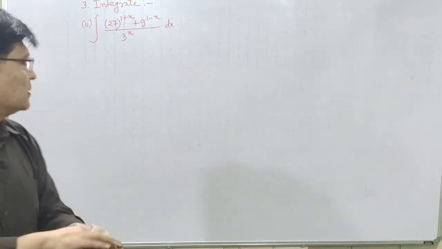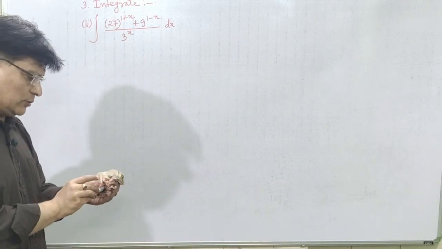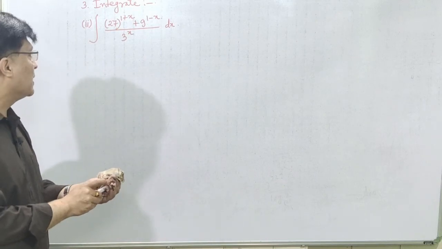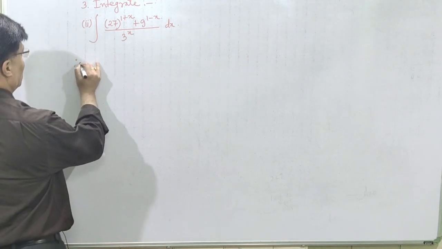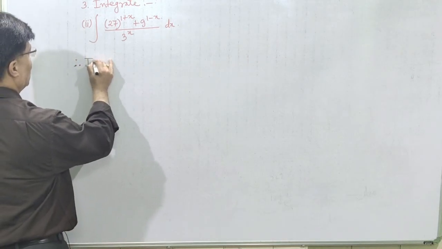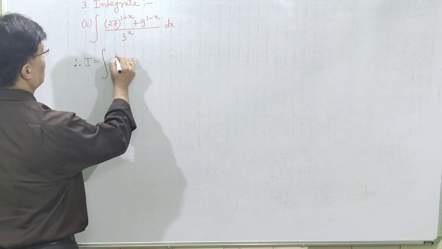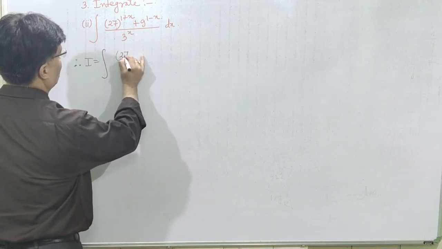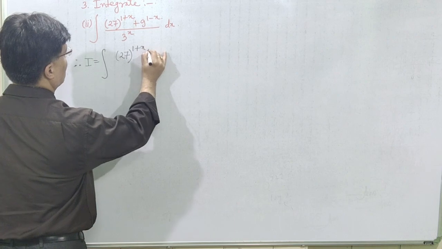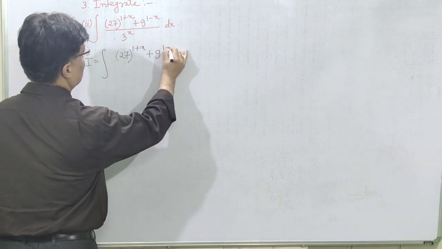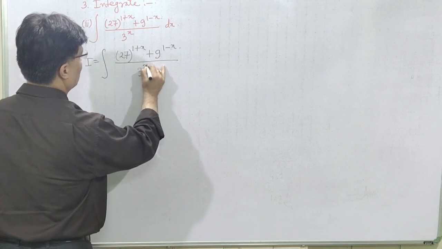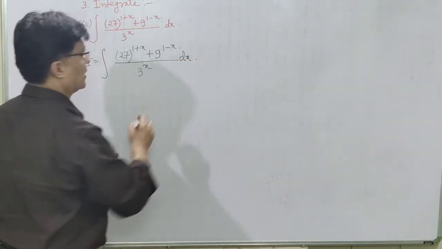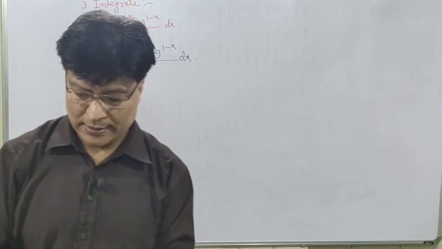So let us write I is equal to, therefore I is equal to integration of 27 whole to the power 1 plus x plus 9 to the power 1 minus x, this whole divided by 3 to the power x dx, right?